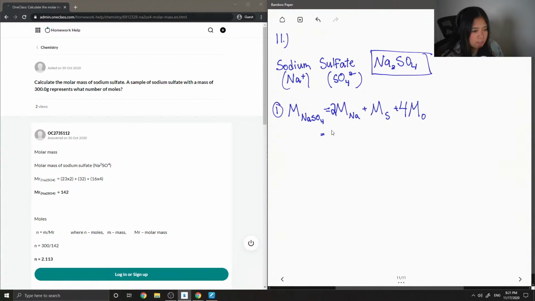Okay, so let's plug in all of their atomic mass values, which you can just find on the periodic table. Sodium, it's 22.99 grams per mole. Sulfur is 32.01 grams per mole. And for oxygen, it is 15.99.